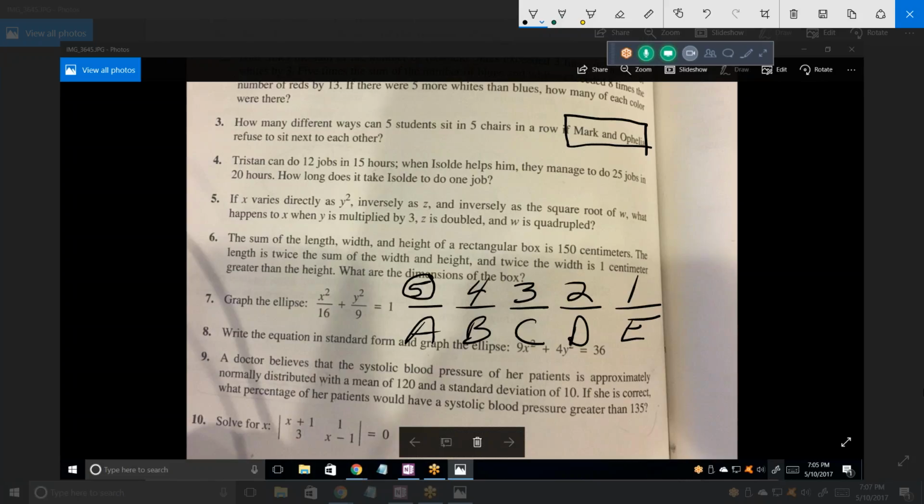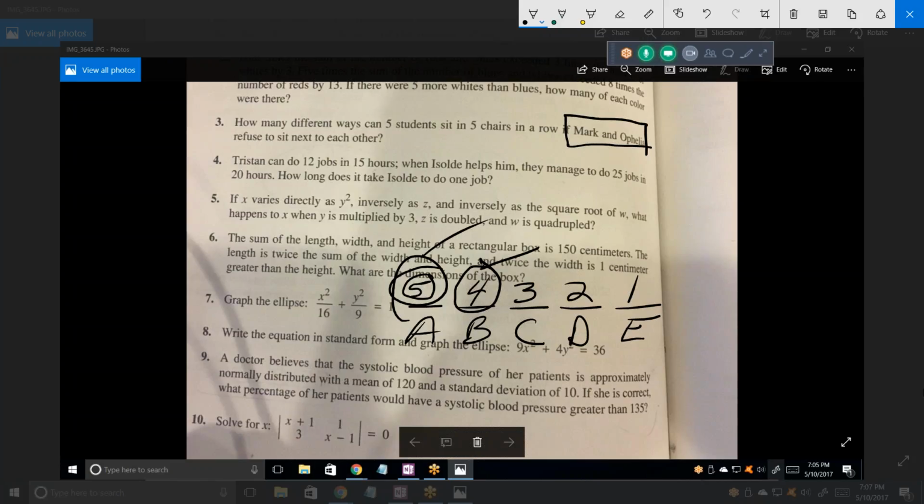Well, we'd still have 5 ways, right? For the first chair. And in the second chair, sometimes there's 4 ways. Sometimes there's only going to be 3 ways. Because Mark may be sitting in chair A, and Ophelia would be one of the 4 other people.